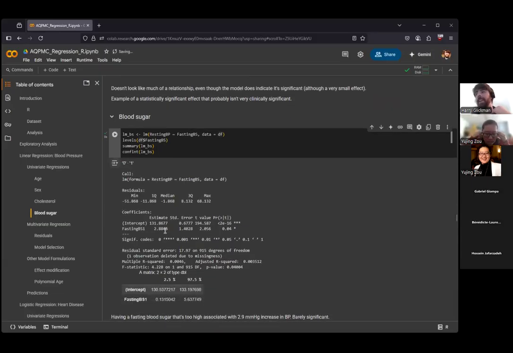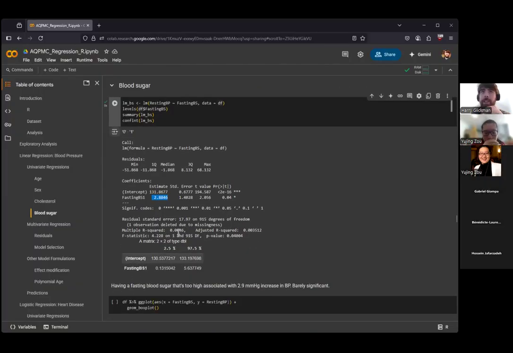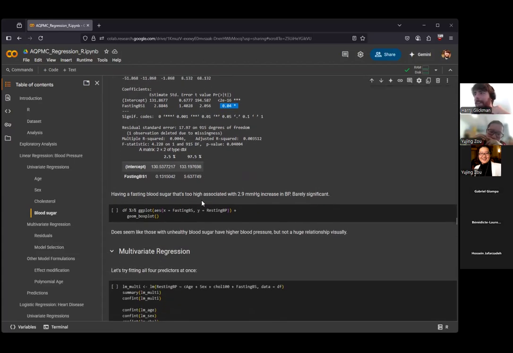And what it's telling us is that having an unhealthy blood sugar is associated with a 3 millimeter mercury increase in blood pressure. And it's a significant relationship again, but obviously not a huge meaningful increase, because it's 3 millimeters of mercury, and blood pressure is measured with air. So does this matter? Again, maybe not.